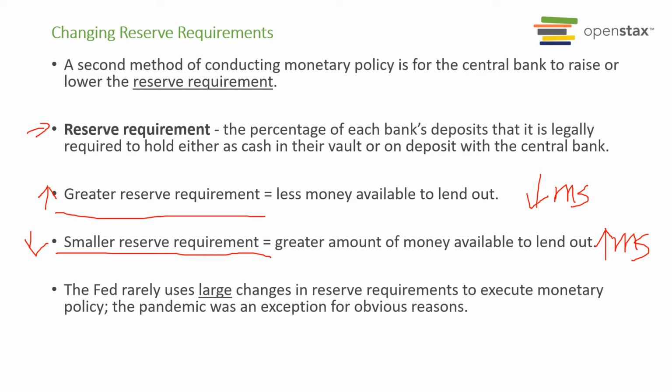Also, whenever the economy slows down, you want to have more money supply. But if using the reserve requirement to do that, you need to lower the reserve requirement, which means more risk in the banking system, right? There is less money available on the bank's balance sheet. So with more risk during a recession, you are making the economy even worse. And that's why this tool is very rarely used.